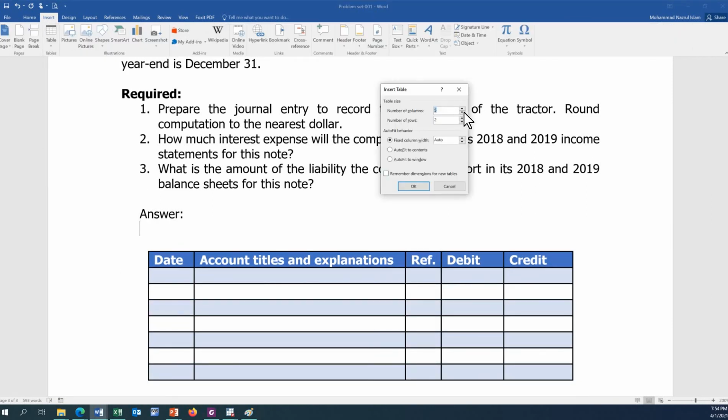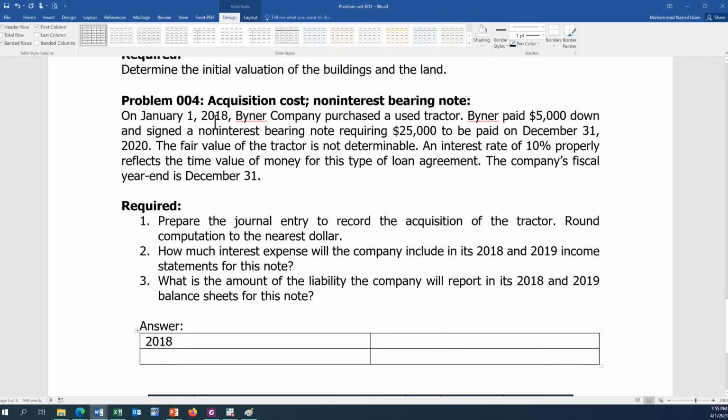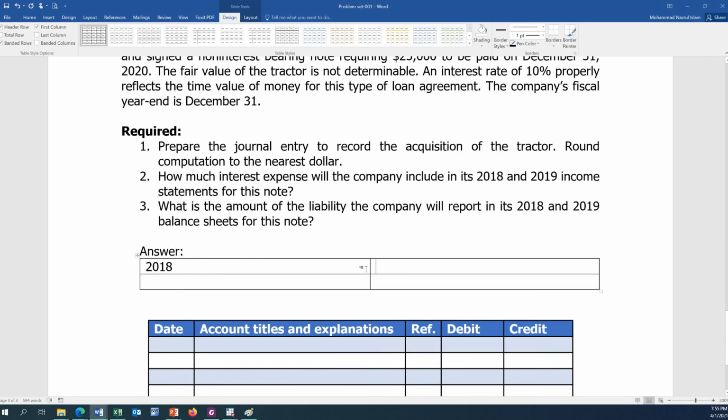There should be 2 years, correct? 2018, 2019, and 2020. No, actually it should be 3 years.